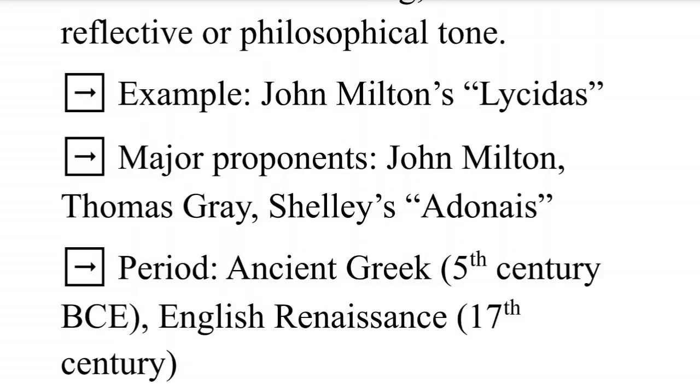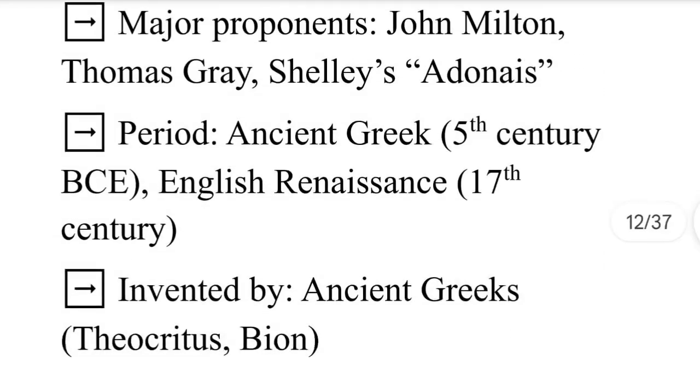In English literature, it is popular during the English Renaissance in the 17th century. Elegy is a form of poetry which was invented by ancient Greek poets, especially Theocritus and others.